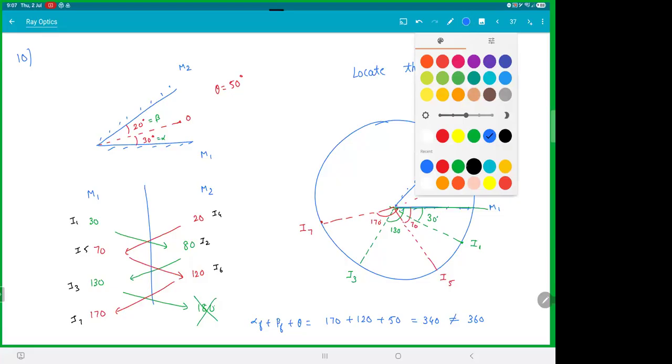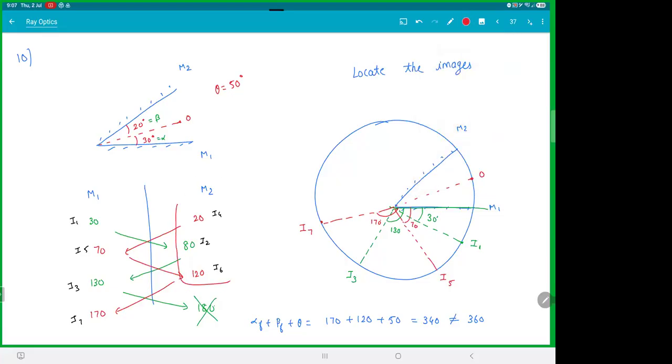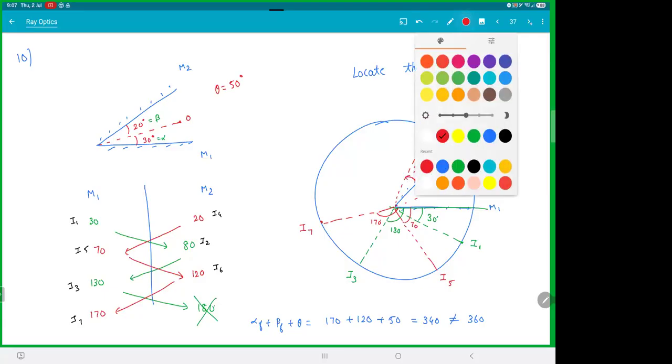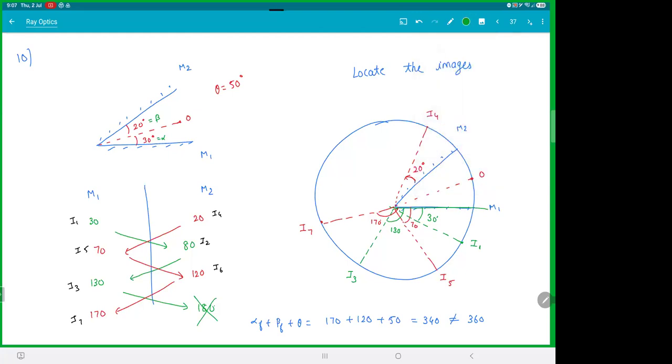Let's see the other side, I4. Now these angles are on the M2 side. So 20 degrees from M2. So this is I4 and this is 20. Then 80 degrees from M2. So it will be somewhere here. This was 80.